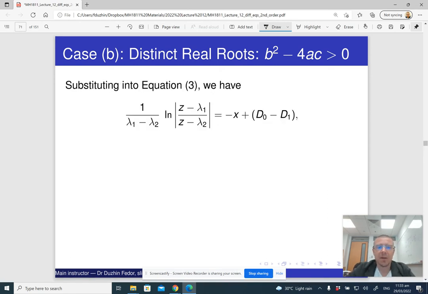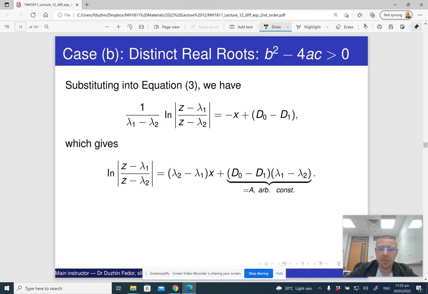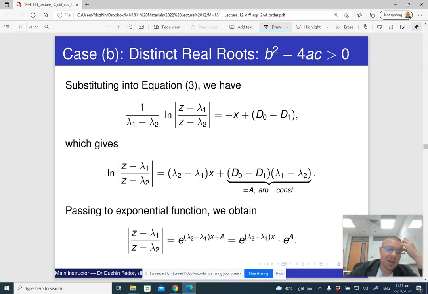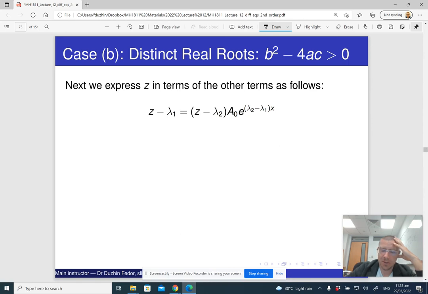And again, after long and complicated calculations, and the most complicated part being dealing with the absolute value sign, because we always need to think what is an arbitrary constant, what is a positive constant, what is a negative constant, and so on, right? So in the end, we are going to get this.